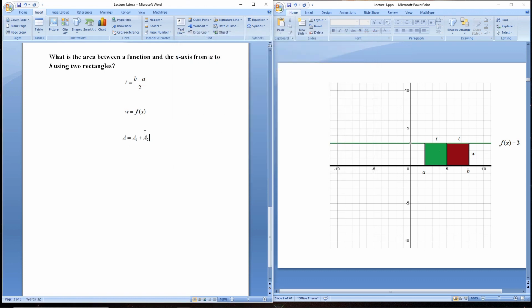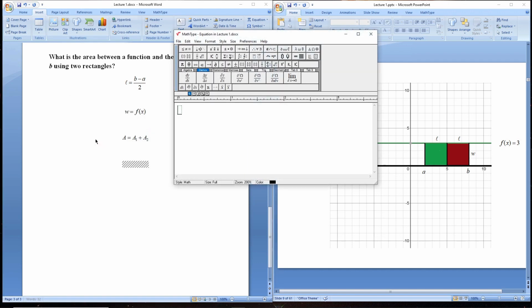So it's slightly more complicated than before because we're breaking it into 2 rectangles here to solve the problem. And now it's just a matter of determining what A1 and A2 are and then adding them together. So we know, using basic geometry again, what the area is for these rectangles. So we could write, say for the green rectangle, area 1, that this is length times width from geometry.